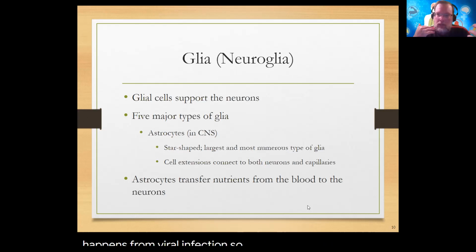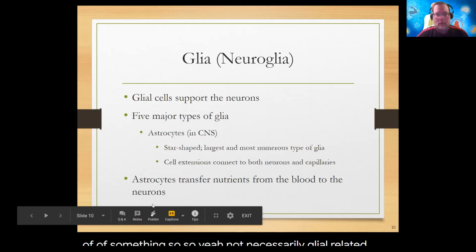Usually it's one side of the face, and it could be a symptom of something else, or the result of something. So not necessarily glial related, but could be.